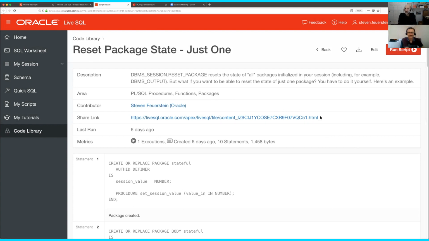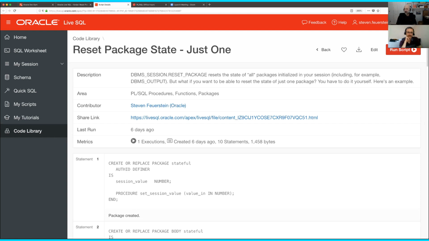But my guess would be that if I talked to the team about it, they would say, we could do it, but it's really tricky. Probably having to do with dependencies between packages and package states of different packages. I expect that the reason they implemented reset package as reset package state for the entire session is that they could not find a way to safely isolate resets. Just a guess.